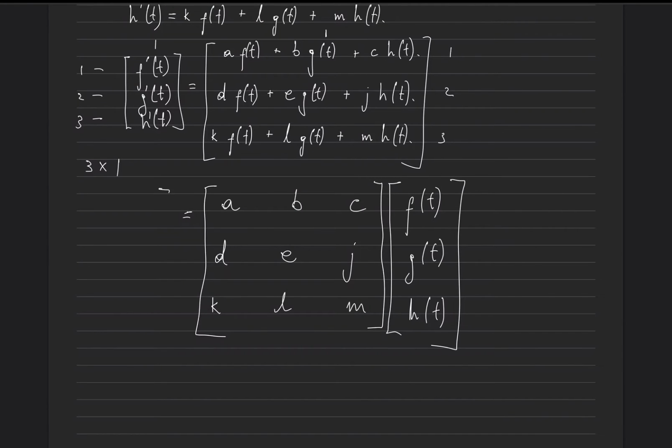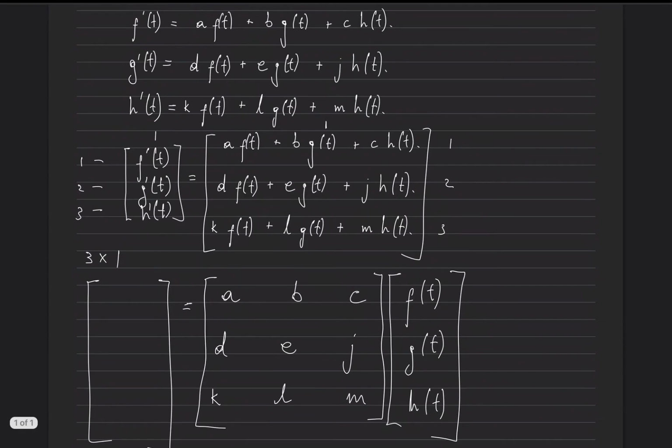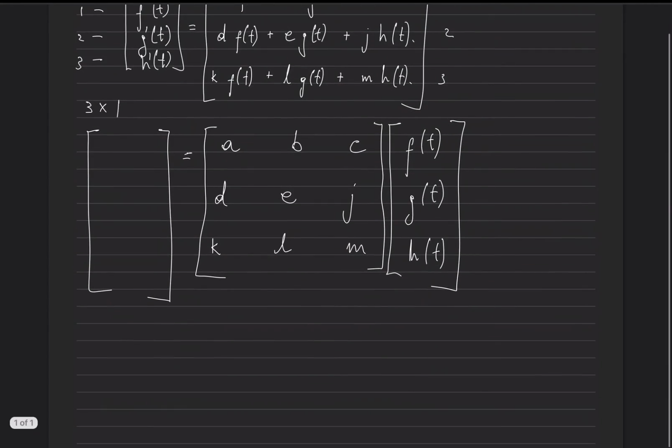So, therefore, these 3 coupled homogeneous linear differential equations can now be written as a matrix equation, which specifically takes this form down here, with f prime of t, g prime of t and h prime of t.